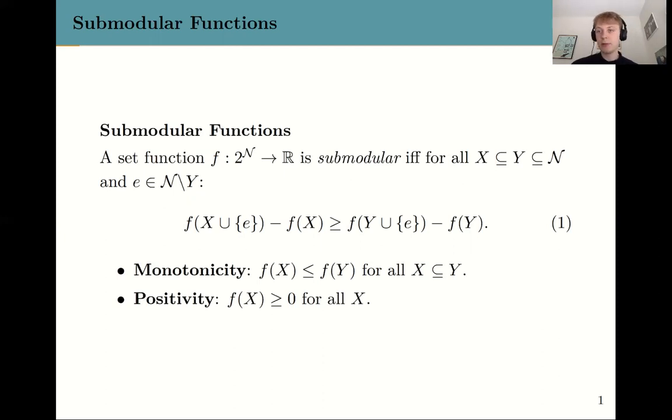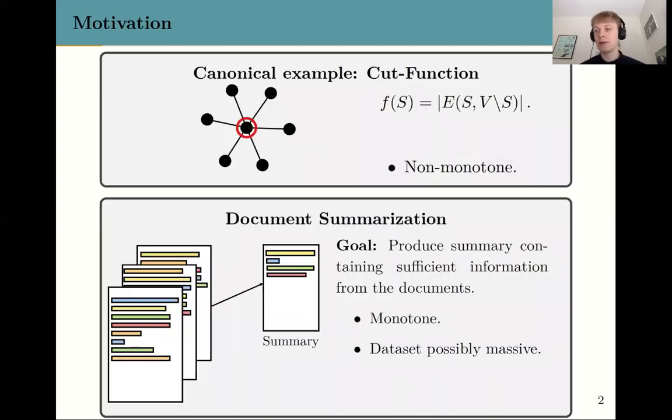Two examples of such functions can be found, for example, when designing a network and understanding its robustness. An example of a non-monotone submodular function is the cut function. Given a graph G, I partition the graph into two parts, and my submodular function would be the number of edges going through this partition.